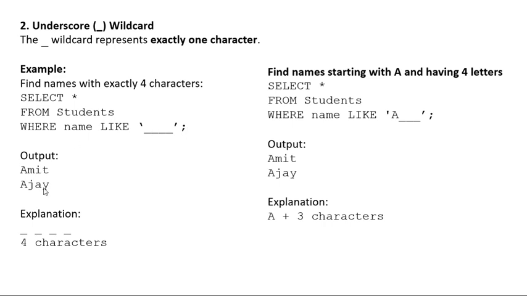SELECT * FROM student WHERE name LIKE '____'; The four-character names are printed. Another example: find the names starting with A and having four letters. SELECT * FROM student WHERE name LIKE 'A___'; The output is names that start with A followed by three characters.